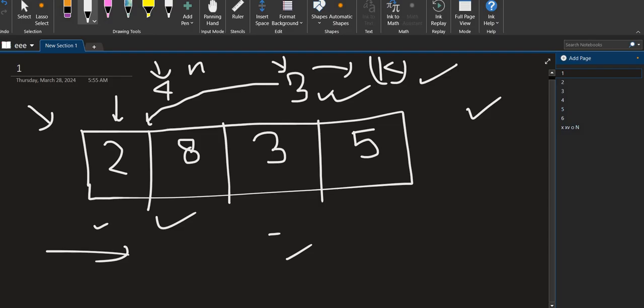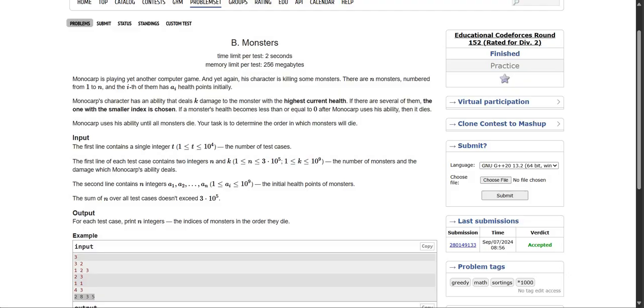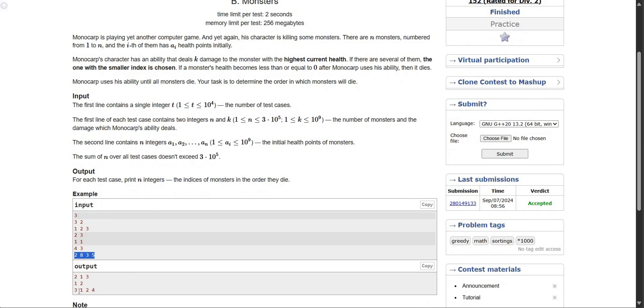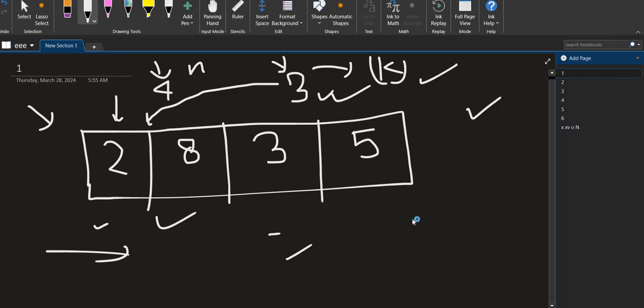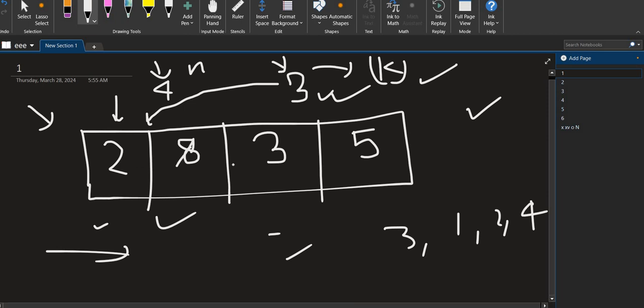For example, for this array, the answer would be, let me see, 3 1 2 4. How is this 3 1 2 4? Let's try to figure out what you have to do. What is the maximum? This is the maximum. You deduct 3 points, and then it becomes 5. None of them has been killed yet. Now, what is the maximum?